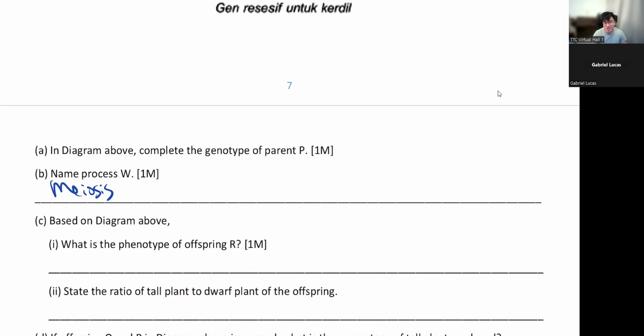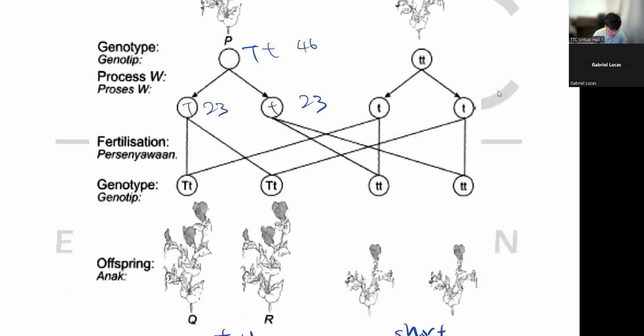Your balls are currently doing it right now. Okay, your balls are doing meiosis, and then your wife's next time. Your wife's ovum is also doing meiosis. So when you give it to your child, you only give 23. Your wife also gives 23. So your child would have 46, right? 23 plus 23 is 46.